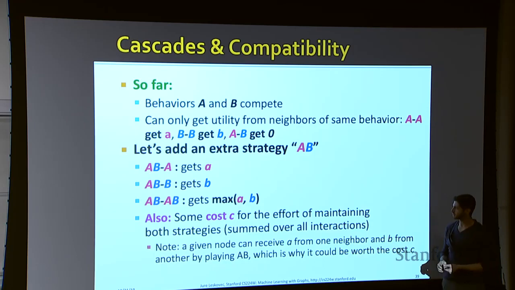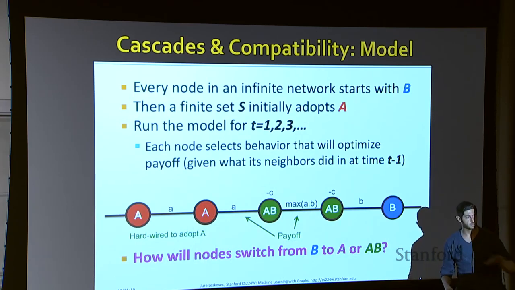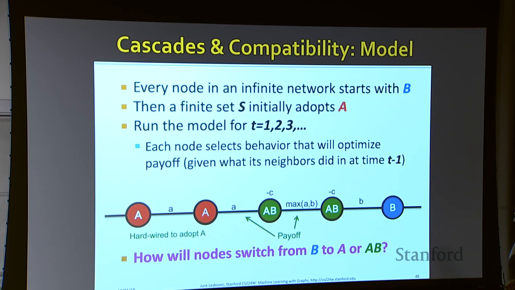So that's why it's not as simple as computing the max again, but we also have to take this cost into account. So let's go through a visual example now, and let's see what happens.